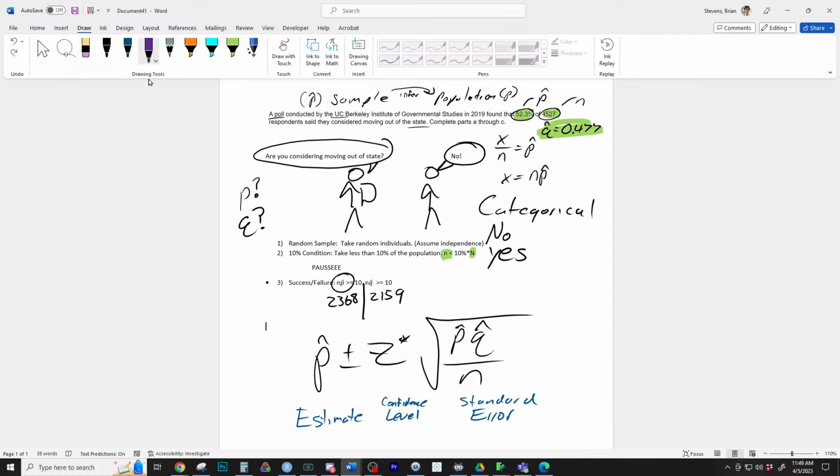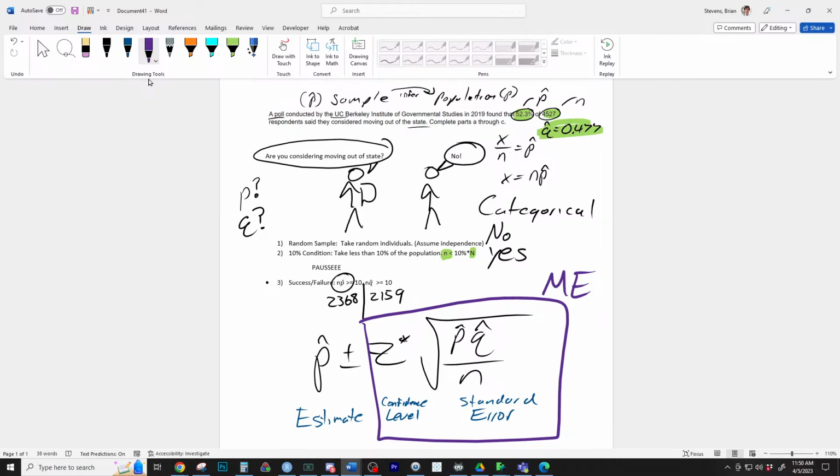But the remaining portion of this gives you what is called a margin of error, because every estimate has a certain amount of uncertainty in it. And the margin of error is governed especially by two things: your level of confidence and your sample size down here.